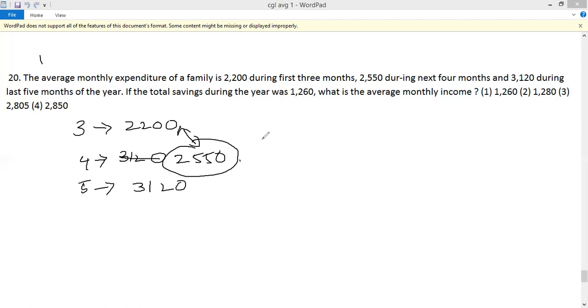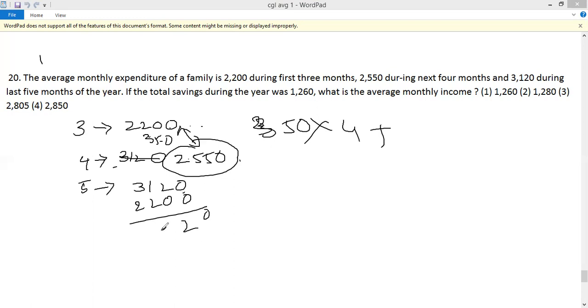Previously it was wrong. First I am assuming 2200 to 2550, taking this as the average. 2200 to this, the difference is 350. So 350 is more for 4 numbers, plus the next one. This to this, the difference is 2200 to 920, 920 into 5 divided by 12.